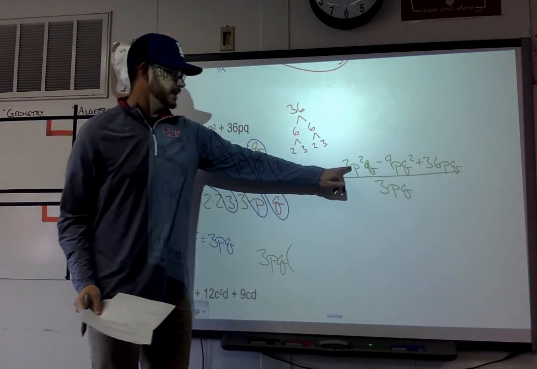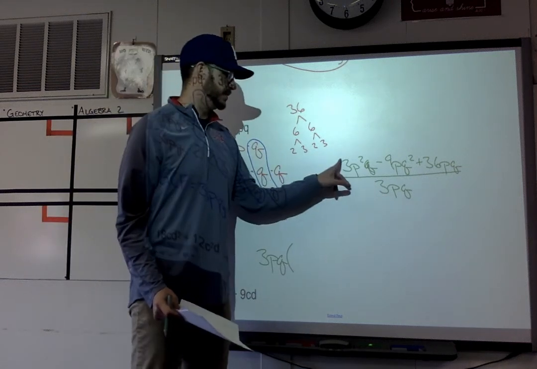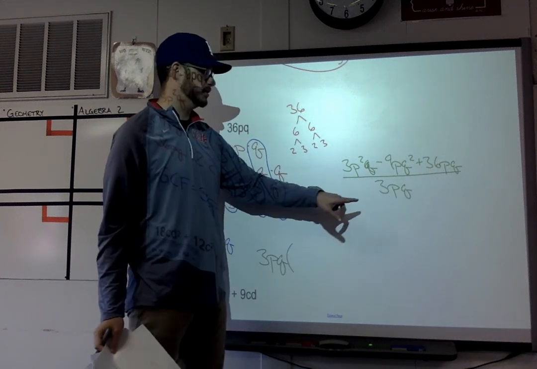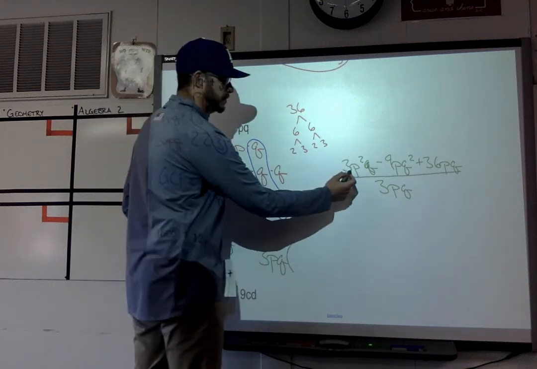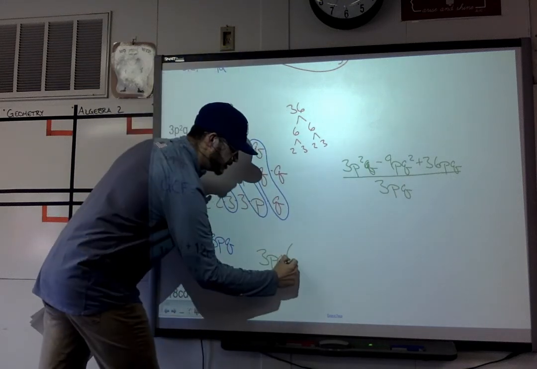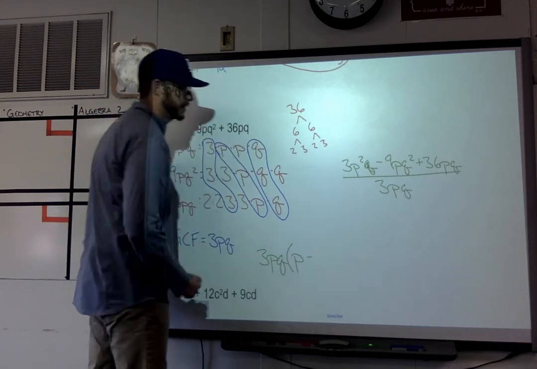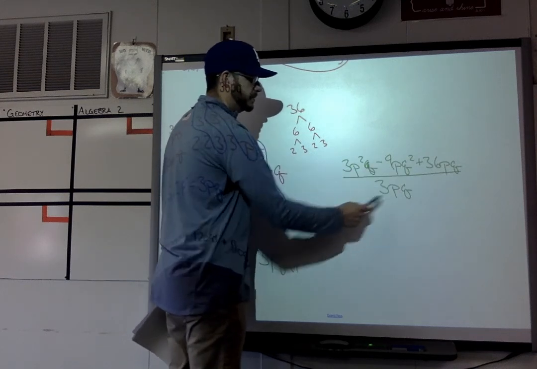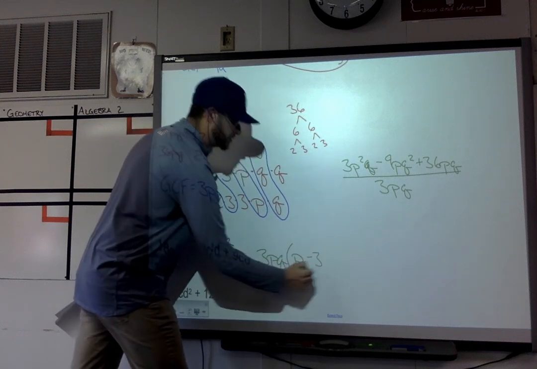So here, 3p squared q divided by 3pq. The 3's cancel each other out, the q's cancel each other out, and one of our p's is canceled. So when we do 3p squared q divided by 3pq, we're left with just a p. Then we're going to subtract 9pq squared divided by 3pq. 9 divided by 3 gives us 3.